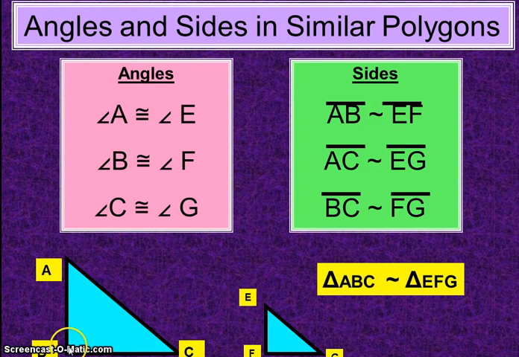If B is 90 degrees, then F will be 90 degrees, and so on. Just as the sides would be, like in the previous example. So AB is similar to EF, just a different size. If all of these match up, then we can say that triangle ABC is similar to EFG. You probably can't see it on the bottom of your screen there, but that's a G.